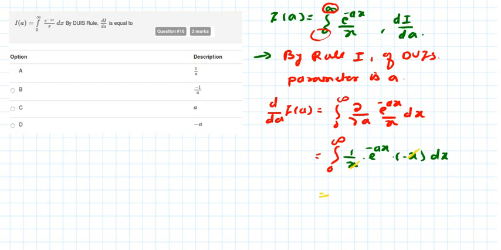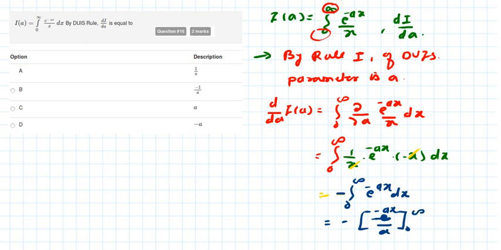So this will be minus integration 0 to infinity e raised to minus ax dx. So this is equal to minus, integration of e raised to minus ax with respect to x is minus e raised to minus ax upon a, under the limit 0 to infinity. This minus minus will be plus.